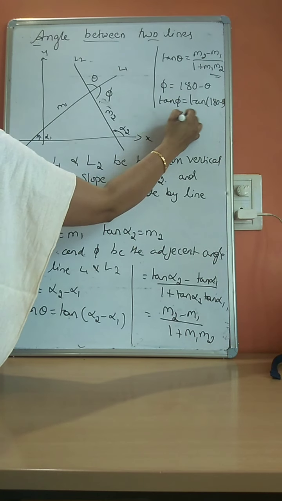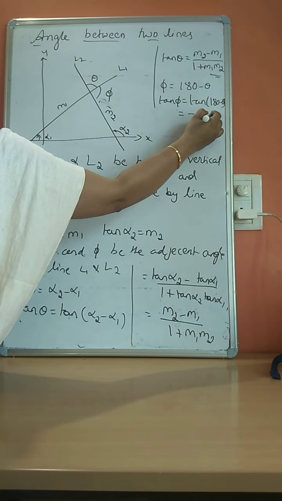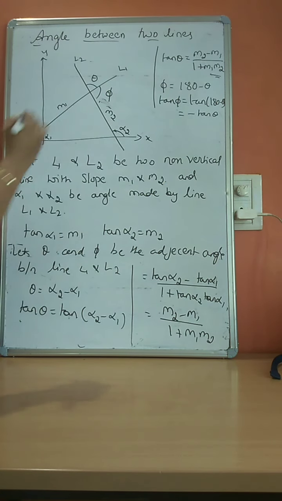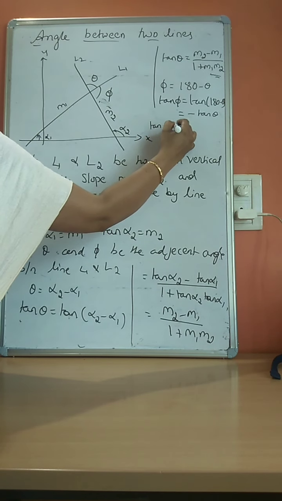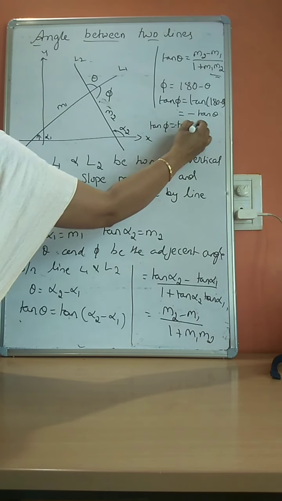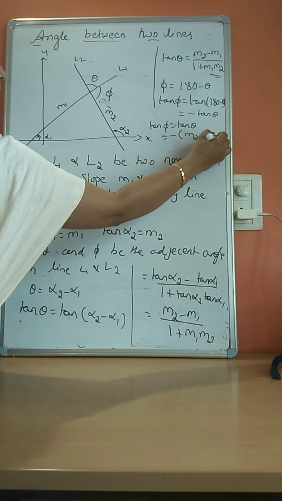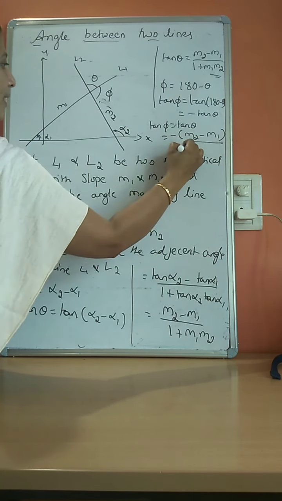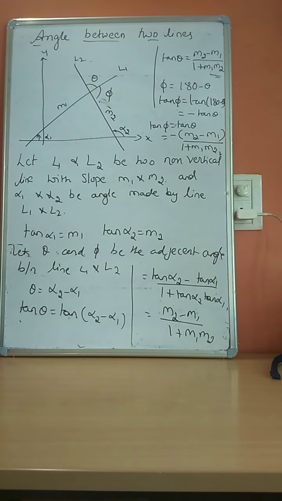Tan of 180 minus theta is minus tan theta. Therefore, tan phi is equal to minus tan theta. This must be equal to minus of m2 minus m1 whole thing divided by 1 plus m1 into m2. Okay?